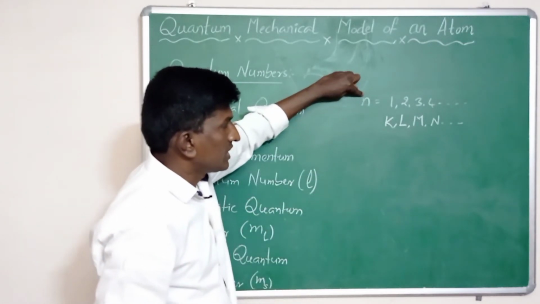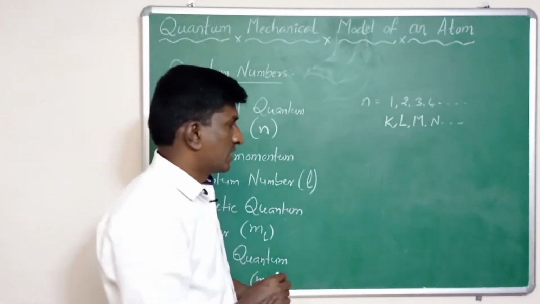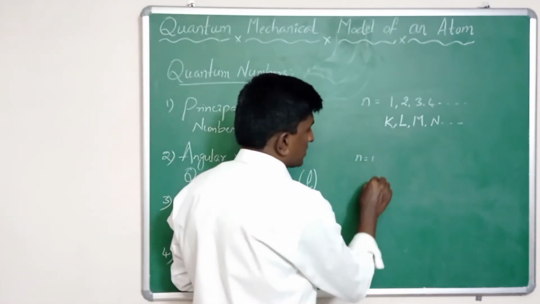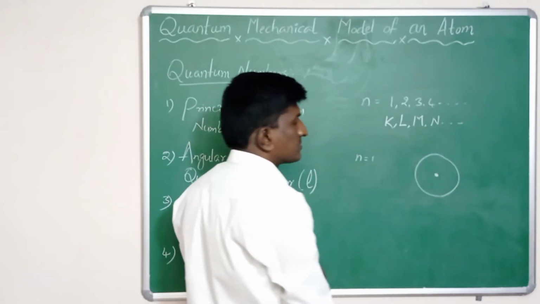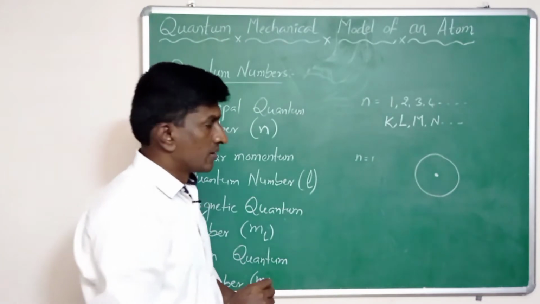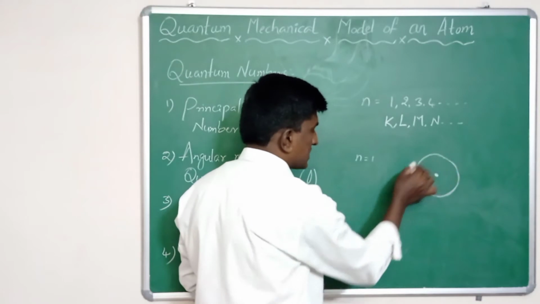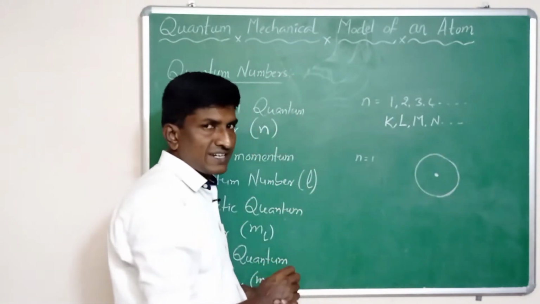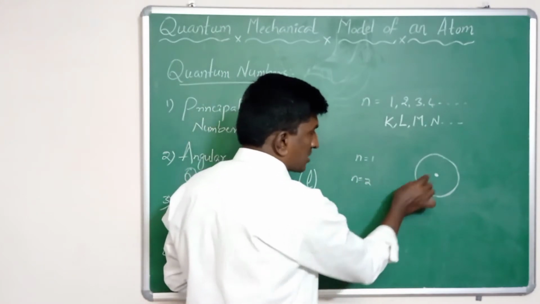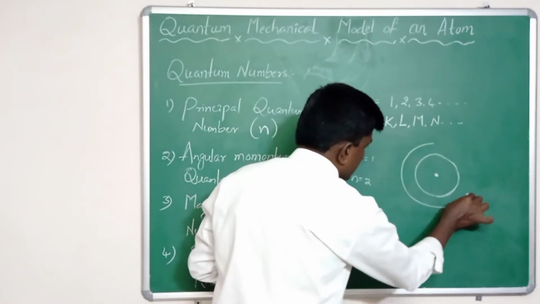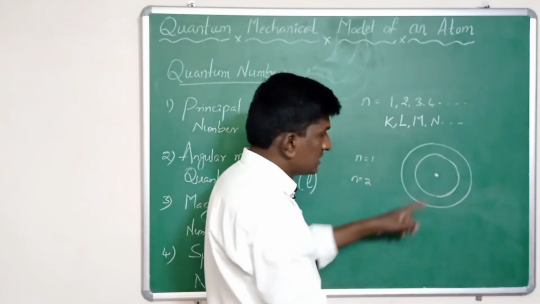If the principal quantum number increases, then its energy increases. For example, if n equal to 1, then that atom has only one orbit, so it has very little energy. Then if n equal to 2, that atom has two orbits. The orbits close to the nucleus have less energy.